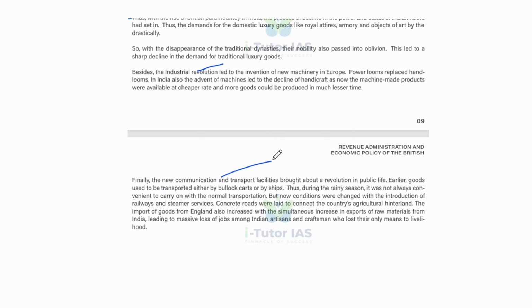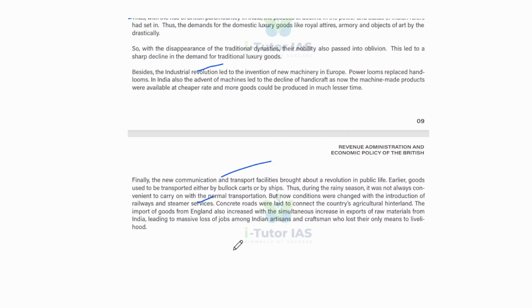In Dalhousie's time, railways were introduced, and technology changed at that time, and railway and steamer services and concrete roads were laid to connect the country's agricultural hinterland. And the import of goods from England also increased with this, stimulating an increase in export of raw material from India, and leading to a massive loss of jobs among Indian artisans and craftsmen who lost their only means of livelihood.